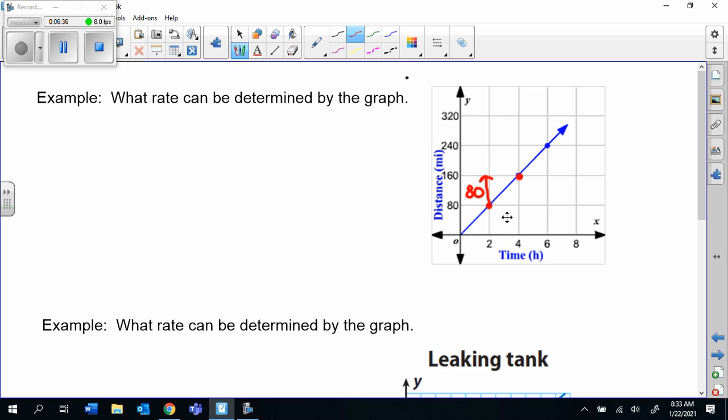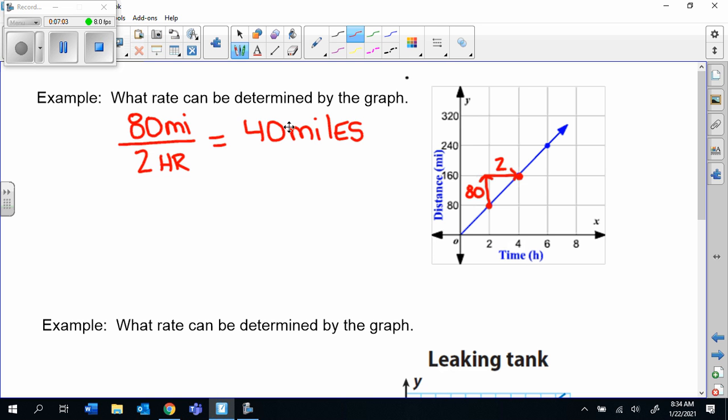Looks like I went up 80. And I went right from 2 hours to 4 hours. I went right 2 hours. So I went up 80 miles, and I went right 2 hours. So that would reduce down to 40 miles per hour.